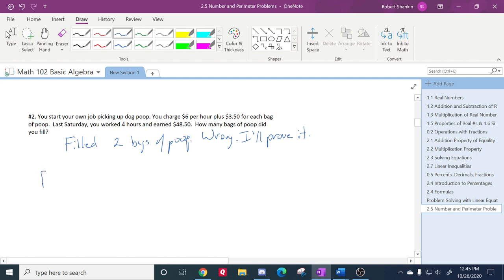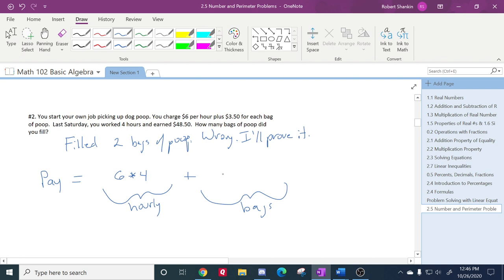My pay for the day has two parts: hourly, and then for the bags. The hourly part is 4 hours times $6 per hour.